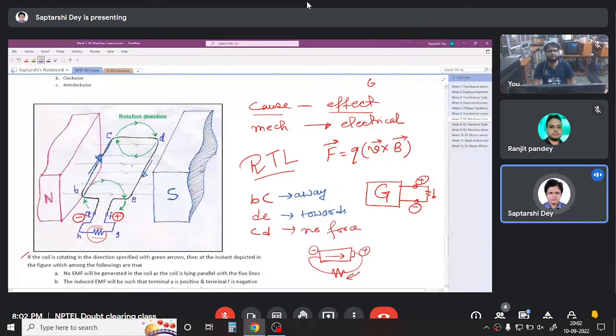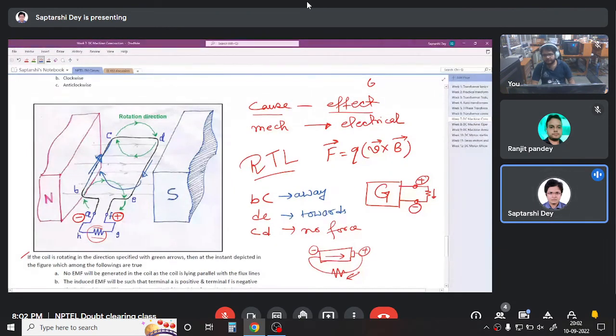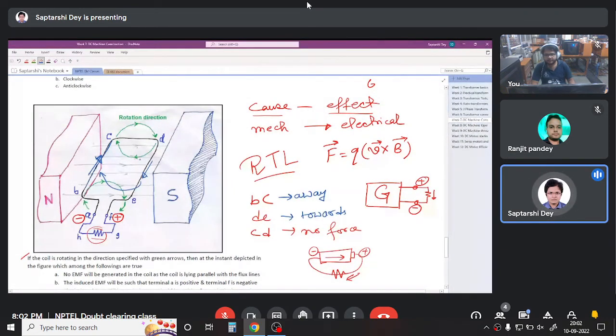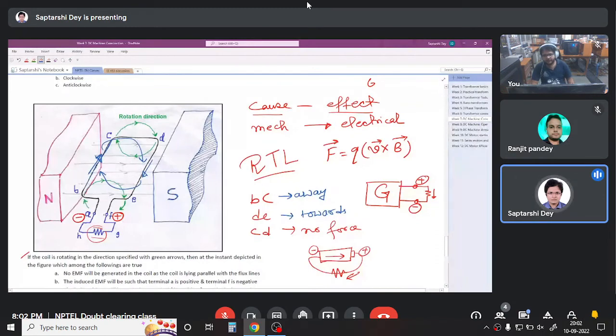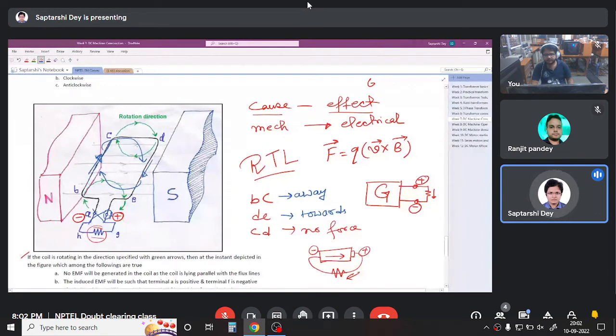Now this is rotating. After some time, this DE will come here, and this BC will come here. Now, if I keep this end of the load connected to DE, and this end connected to BC, they will get twisted. That is another thing, forget about it.